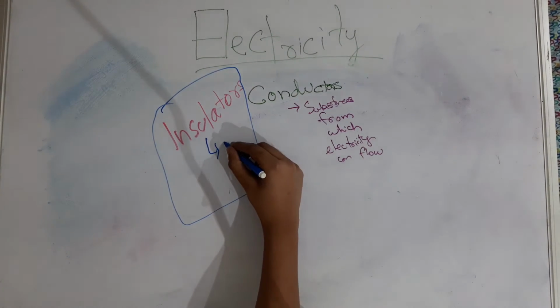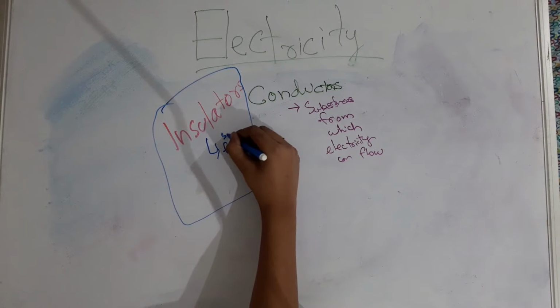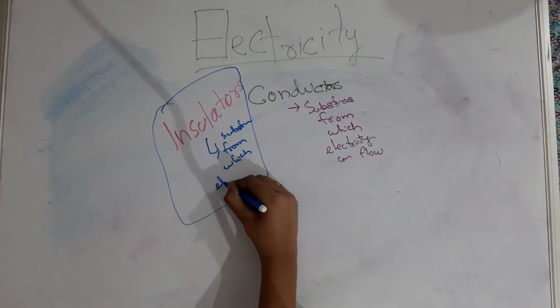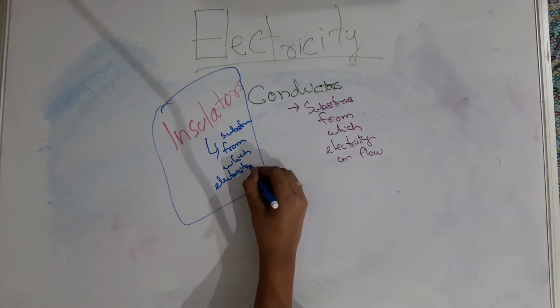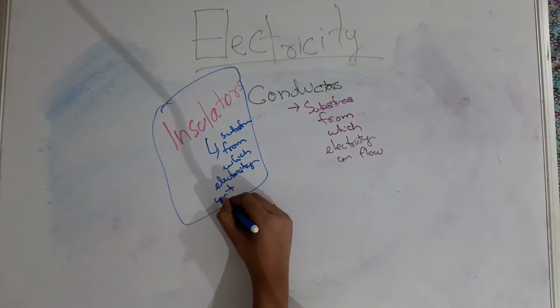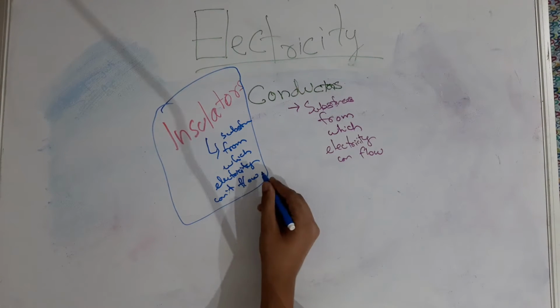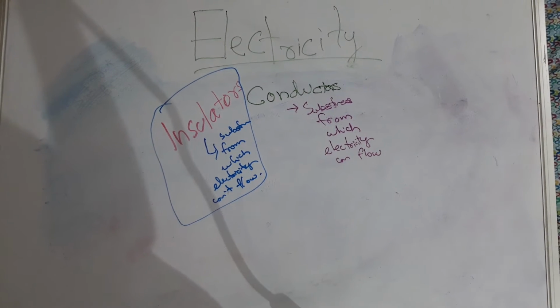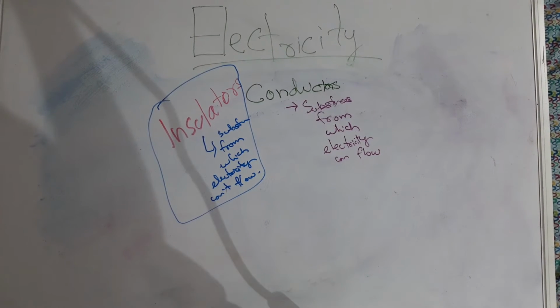Insulators are substances from which electricity can't flow at all. Or if electricity does flow, then in a very small amount, which is just negligible.